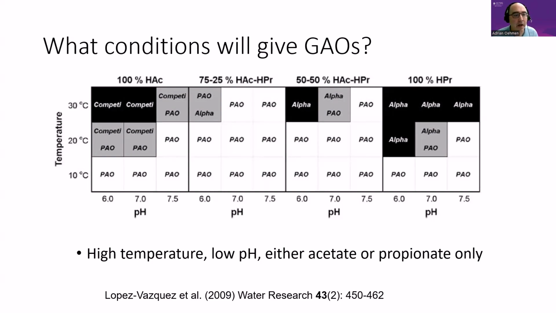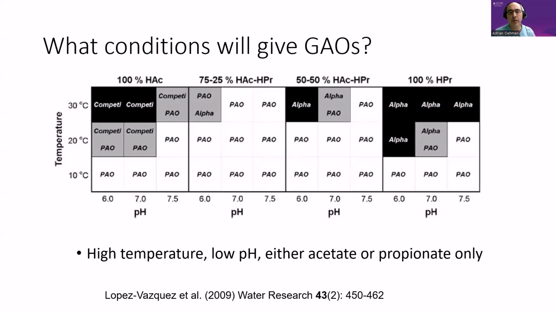Whereas in the intermediate range, so maybe 20 degrees Celsius or so, it was mostly the extremes. Low pH certainly was worse, and the extreme of carbon sources, whether it was 100% acetate being fed or 100% propionate being fed, tended to lead to these different GAO groups, basically the Alphaproteobacteria GAOs or Competibacter GAOs, and a mixture of POW and GAO growth in some of those situations.